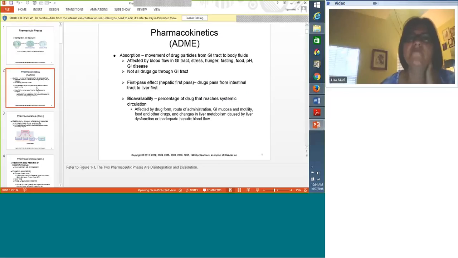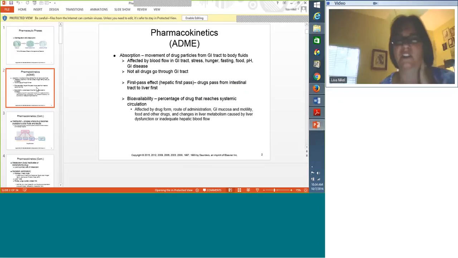The word pharmacokinetics encompasses four distinct aspects with regards to drug and pharmacology delivery. And you'll see this abbreviation here, ADME, A-D-M-E. What this stands for are the different phases of pharmacokinetics.